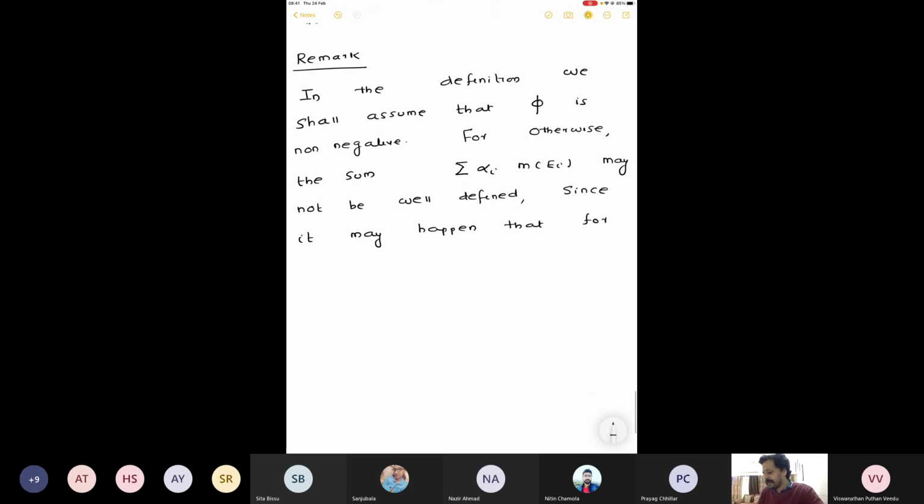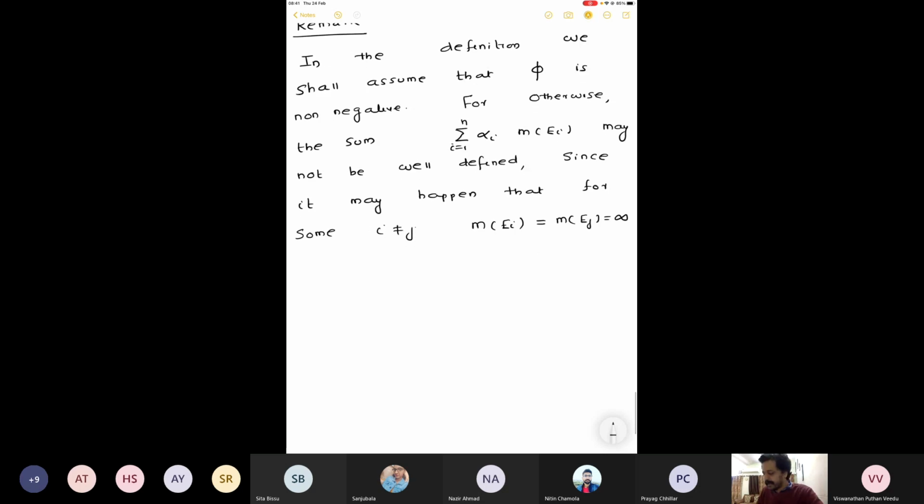for some i not equal to j, the measure of Ei is equal to the measure of Ej is equal to infinity, and the corresponding values of the function, alpha i, is the same as minus alpha j, and both are non-zero. So something like phi assumes the values 2 and minus 2, where it assumes the value 2 on a set of infinite measure, and where it assumes the value minus 2 is also of infinite measure.